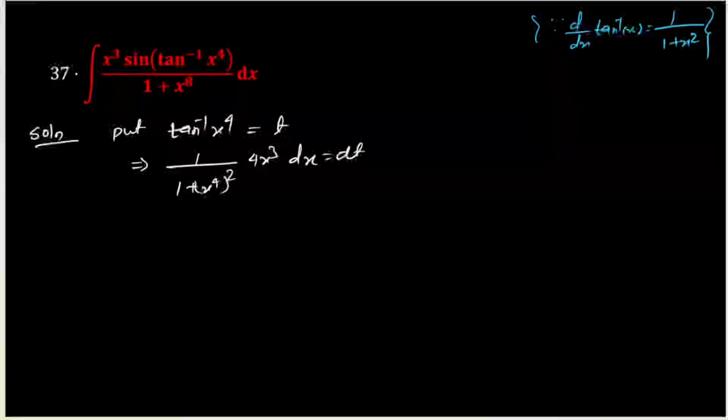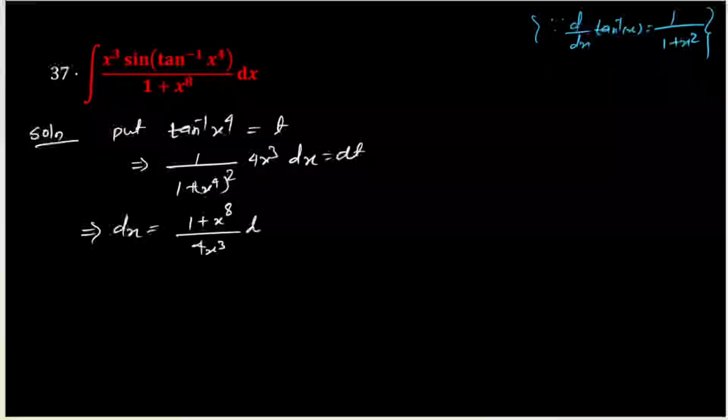So here dx is equal to (1 plus x to the power 8) by 4x cubed dt.